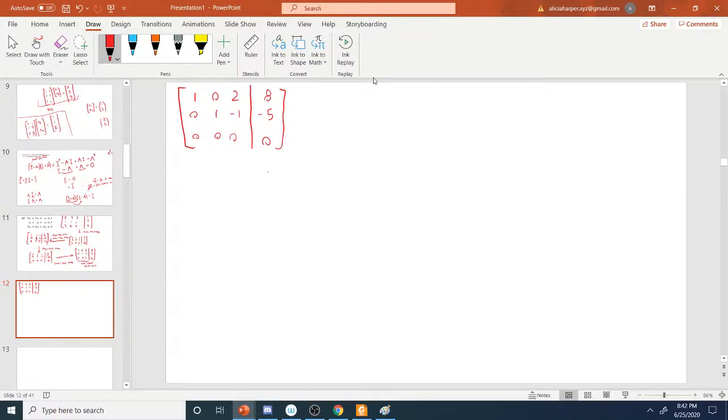If my vector of variables is x1, x2, x3, this corresponds to the equations x1 plus 2x3 is equal to 8, and x2 minus x3 is equal to -5.